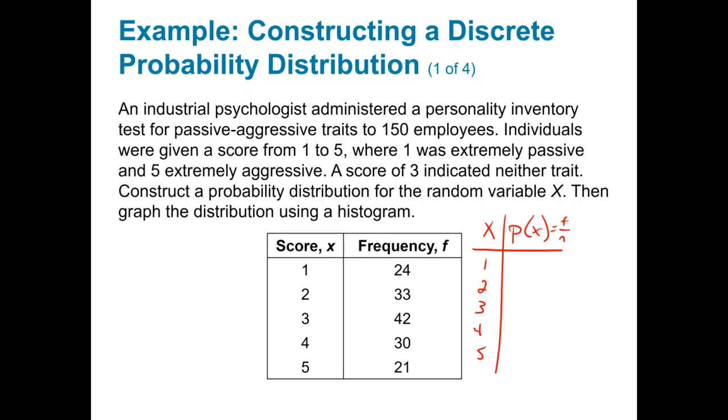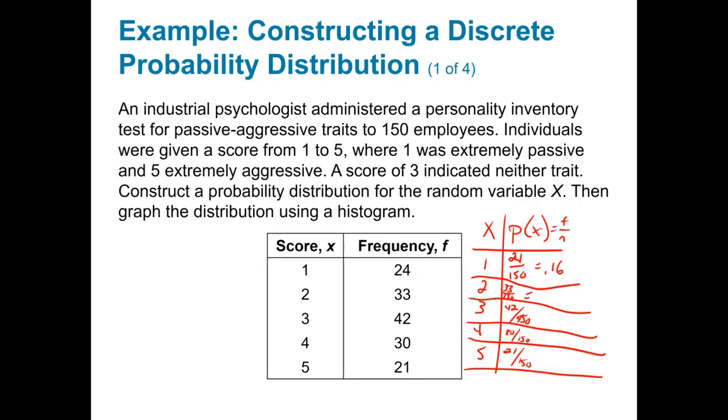So you tell me, how would I calculate my probability for a score of 1? 24 over 150, exactly. And so then whenever we do that as a decimal, what do you get? 0.16. Yes. All right. Same idea all the way down, right? So 2 would be 33 out of 150. 3 would be 42 out of 150, and so on, right?